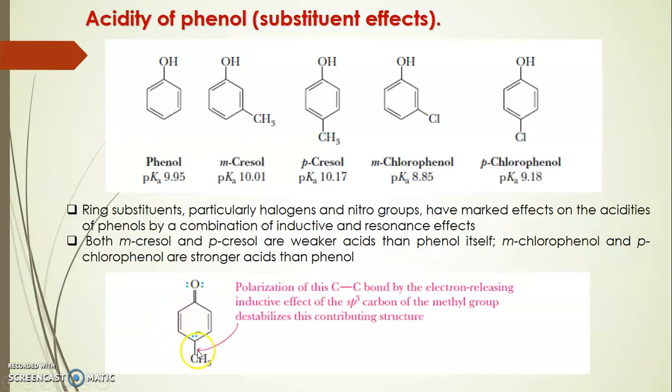The polarization of this C-C bond by the electron-releasing inductive effect of the sp3 methyl group destabilizes this contributing structure, that is, it destabilizes the negative charge because of the plus I effect of the methyl group. But if you have a chloro or nitro group here, it stabilizes the negative charge.